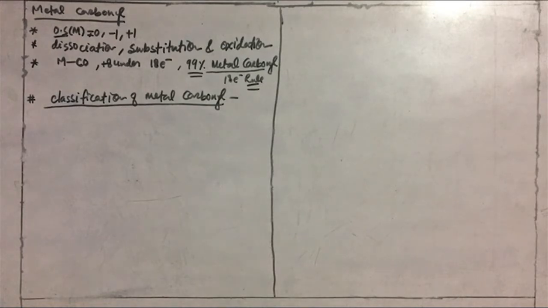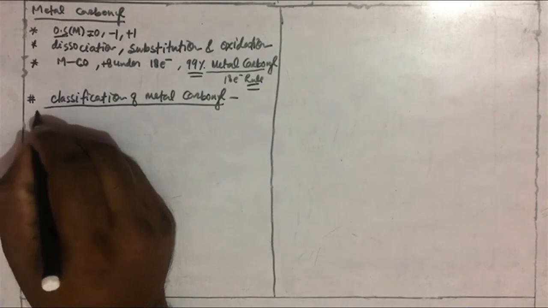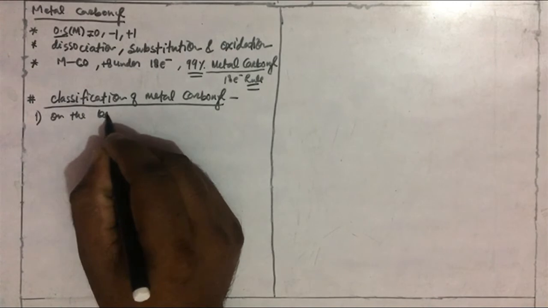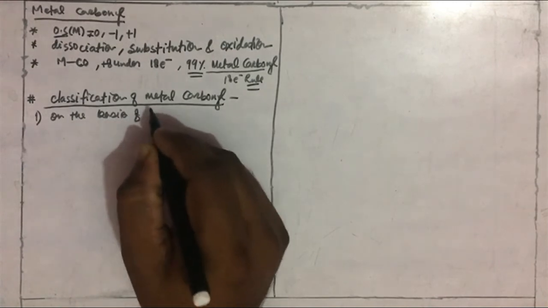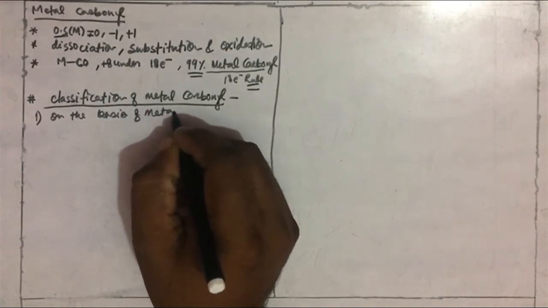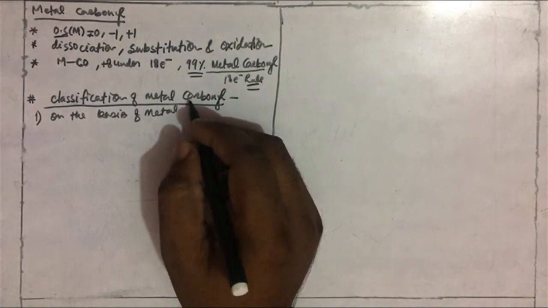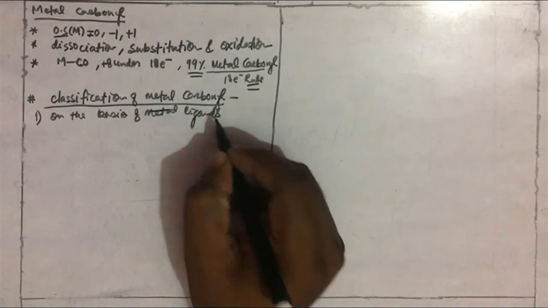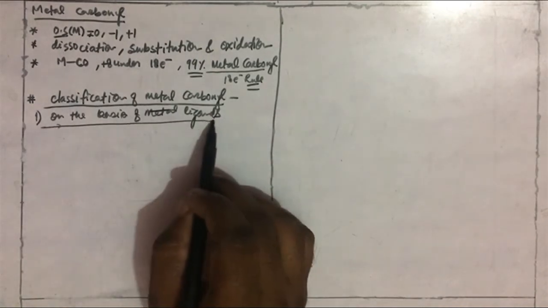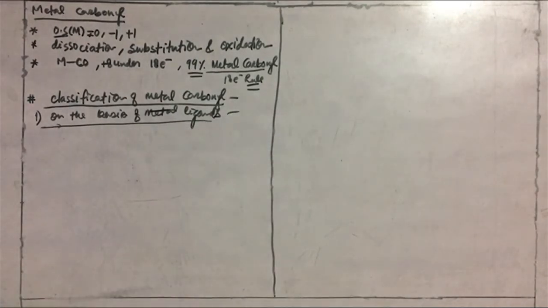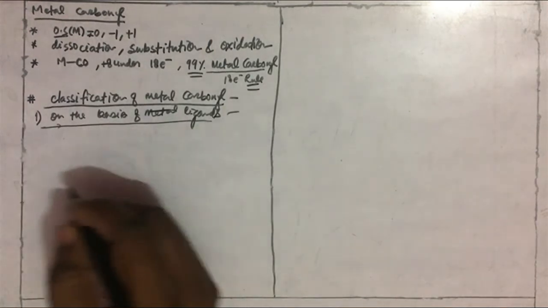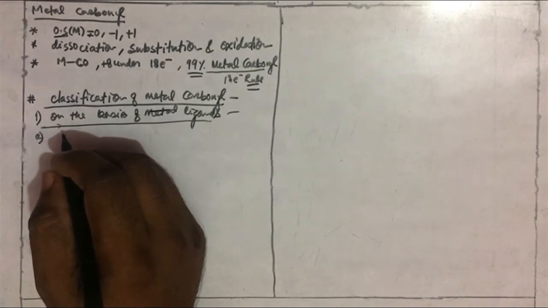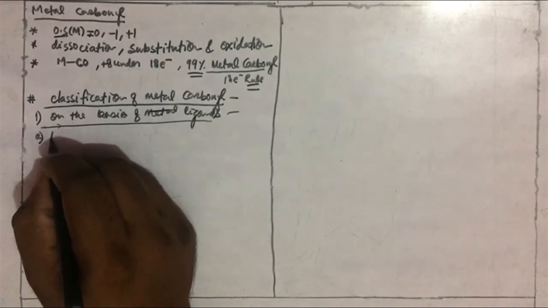First, on the basis of ligands. Inside this, (a) homoleptic carbonyl complexes and (b) heteroleptic carbonyl complexes.